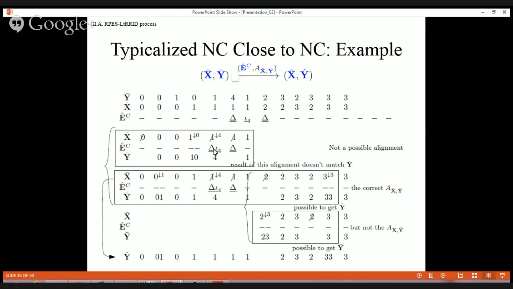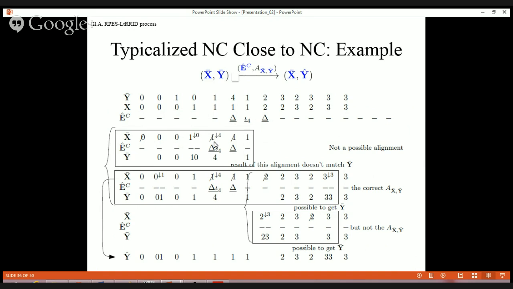The next one must be delta underline, alt underline, and delta. They indicate the edit eliminated to get the typicalized edit pattern. Actually, they also indicate the actual edit that had happened.